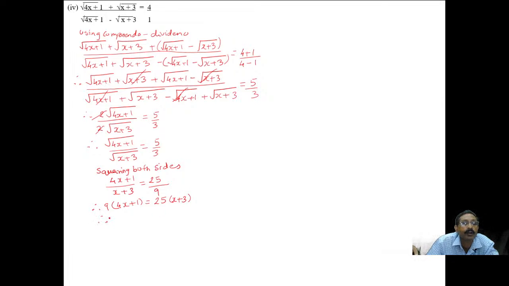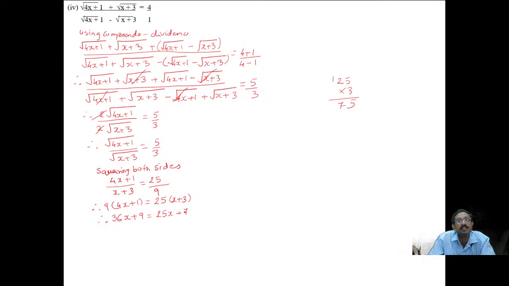Therefore, as I told you, this 9 will be multiplied by each and every term which is given here. 9 fours are 36x plus 9, which is equal to 25x plus, now 25 into 3, 5 threes are 15, 3 twos are 6 and 1, 75.